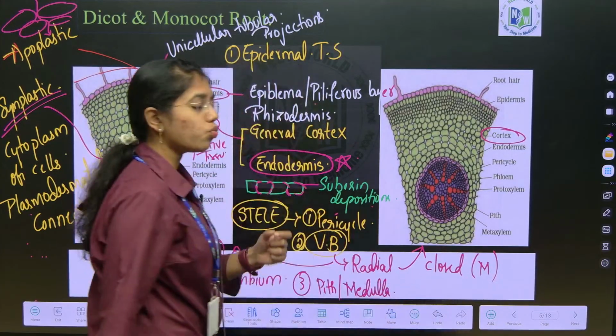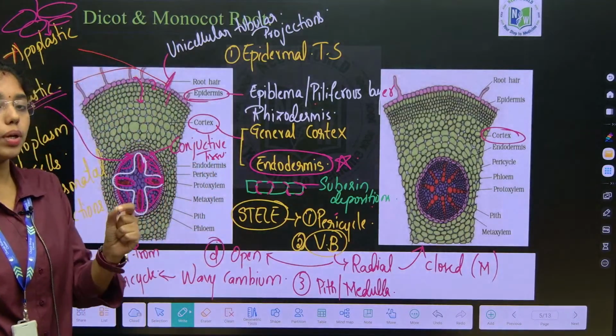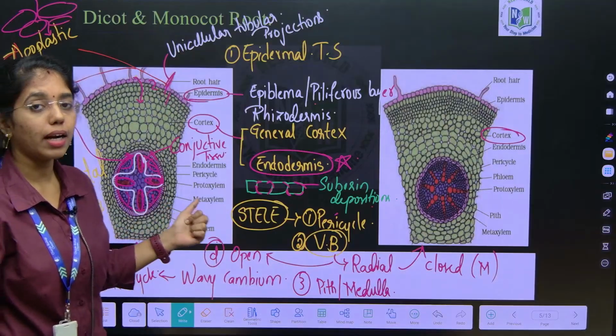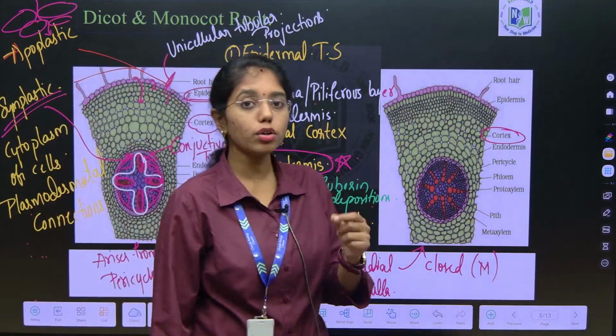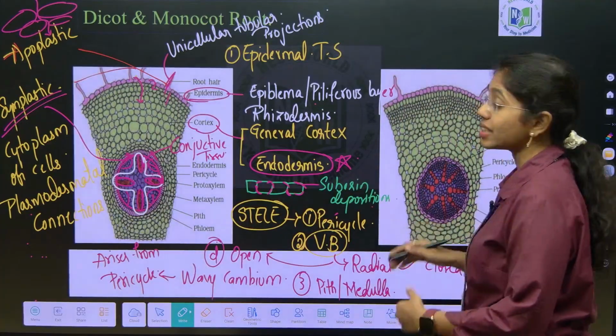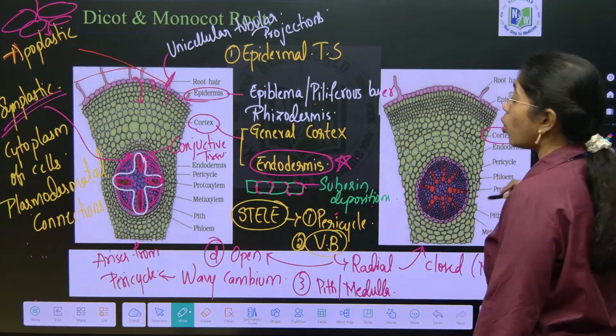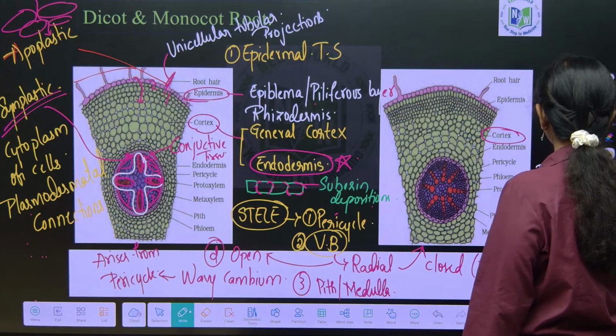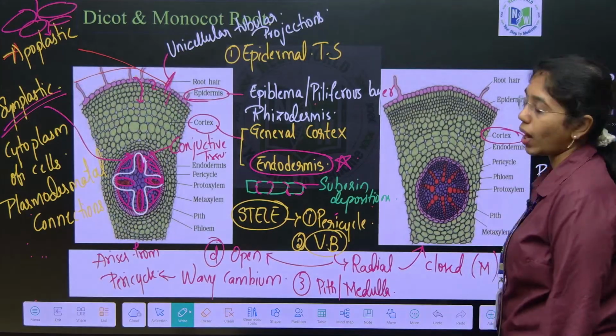Fine. There is one simple differentiation between dicot and monocot root here. In dicot root, the number of vascular bundles can be 2 to 4, diarch to tetrarch. Whereas, in monocot root, the number of vascular bundles can be more, more than 6, so you will call it polyarch vascular bundles.